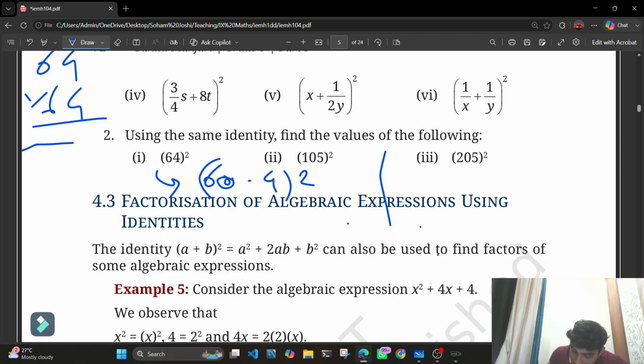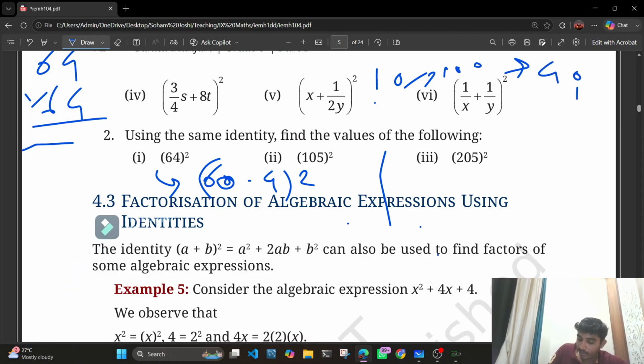Because 60 has a zero, you know how to square numbers that end with zero. Like if we have 10, just square the first number and write the zero two times, 100. If we have 40, then you'll have two zeros and the square of the first digit, that is 1600, right?